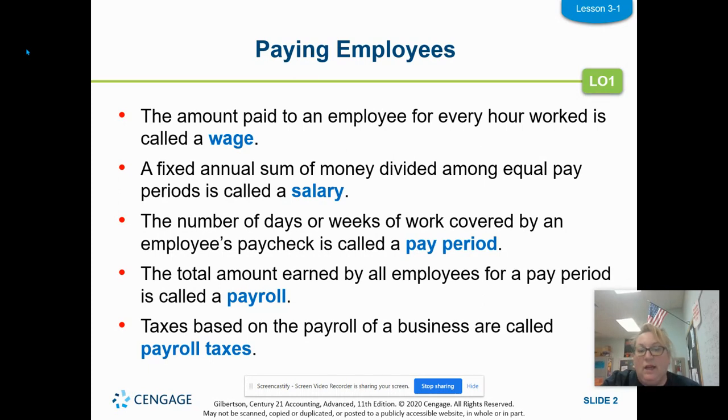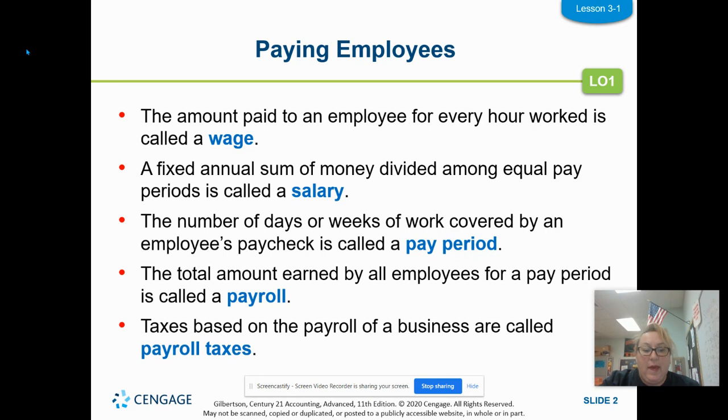Salary is typically paid out either biweekly or monthly, and it's a set amount of money. You typically do not get paid extra if you work more than 40 hours a week. Salary employees can work up to 60 hours a week and still get paid the same amount, whereas if an hourly employee goes over 40 hours a week, you have to pay them overtime.